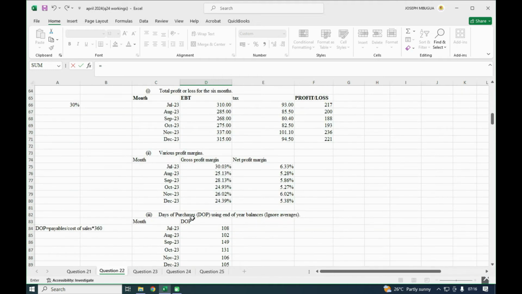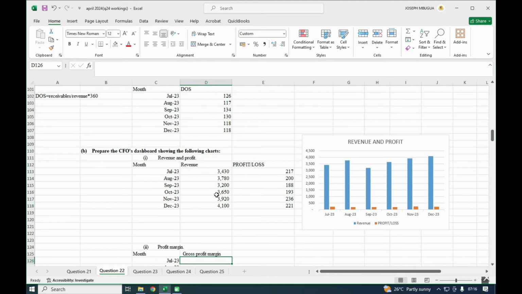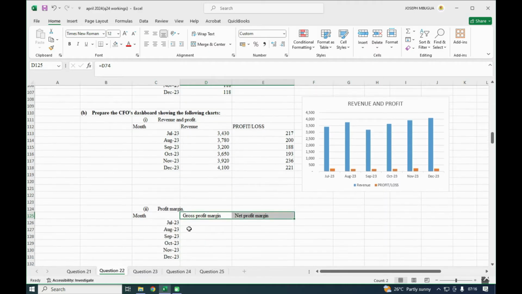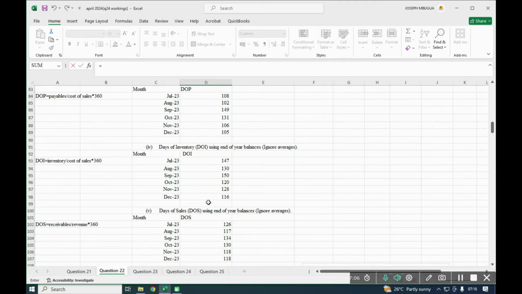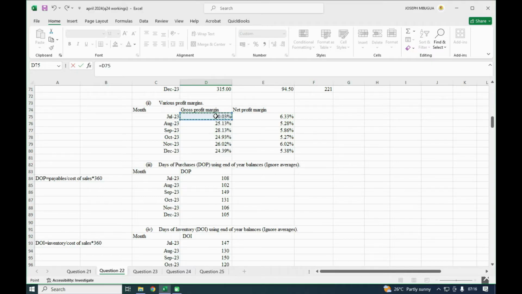We had already calculated them here, the gross profit and the net profit, and we have the values here.